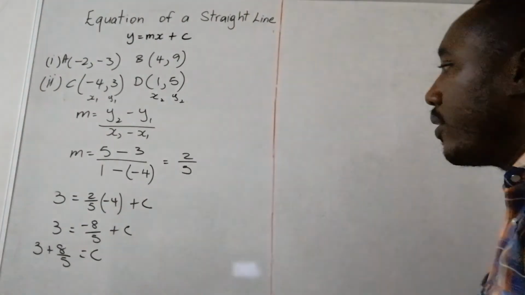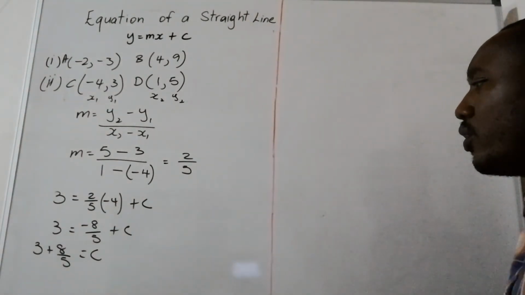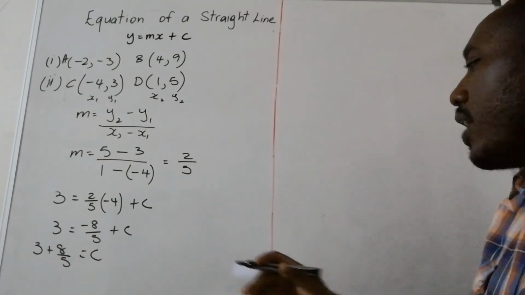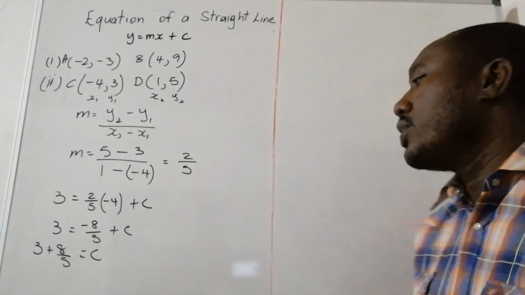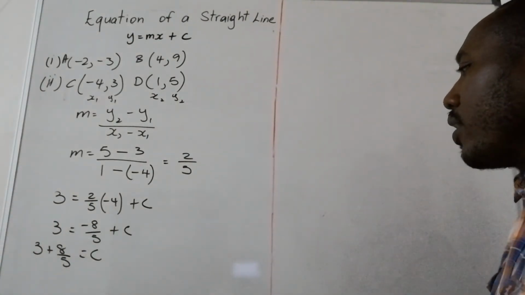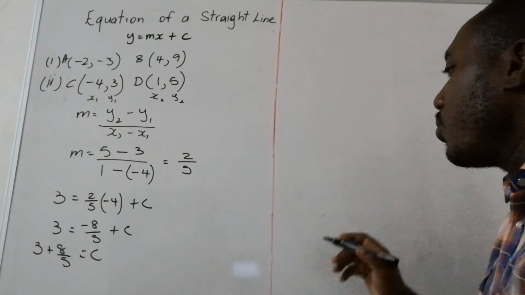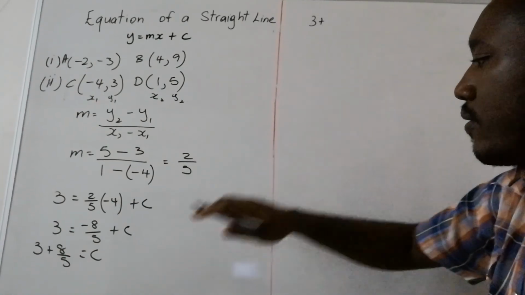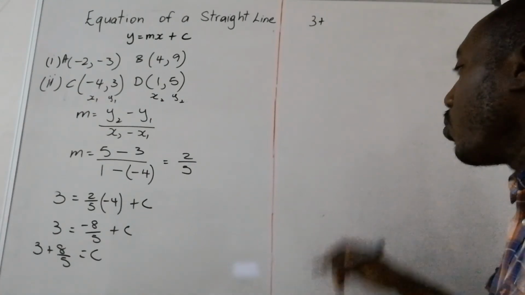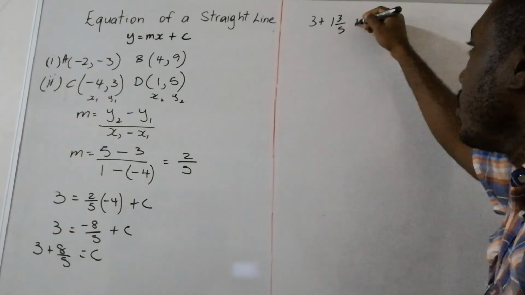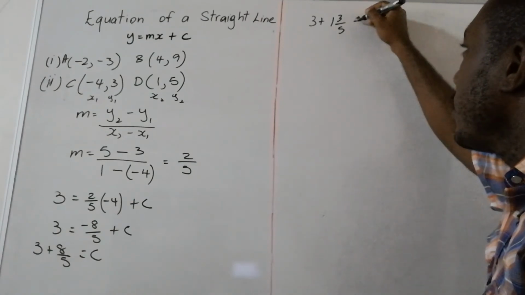Using our knowledge of fractions, what we will do is change this to a mixed number. So when we change that to a mixed number, we'll have 3 plus, 5 into 8 is 1, and 3 remain over 5, is equal to c.